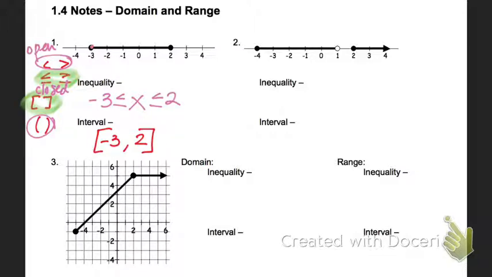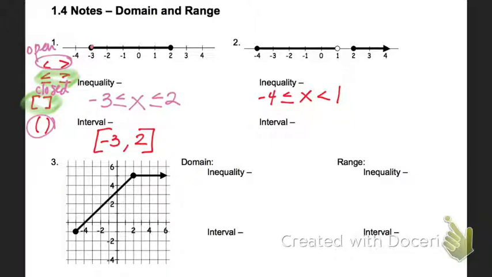So when you have, like on number 2, multiple stops, in the inequality notation, you'll have two separate inequality notations. So I'm going to put my endpoints. -4 is less than or equal to x is less than 1.